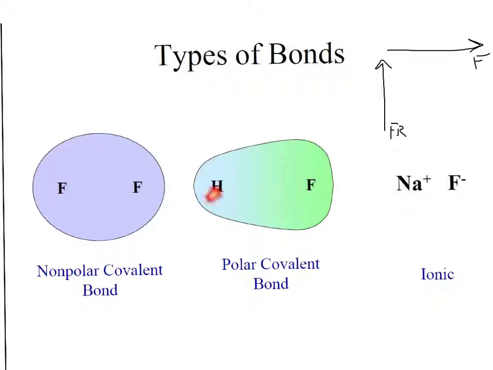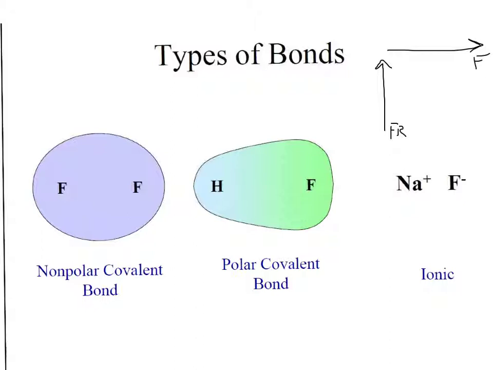However, when we move over to hydrogen versus fluorine, if we look on our periodic table, hydrogen is going to have a lower electronegativity than fluorine. So we see a darker region here. That means the electrons are spending more time around fluorine, creating a polar covalent bond. And it's polar because fluorine is pulling the electrons away from hydrogen.